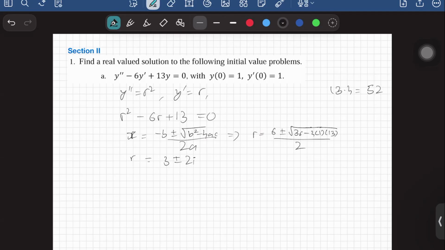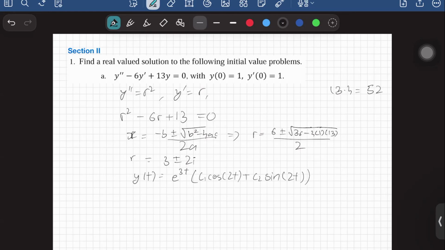So since our roots are 3 plus minus 2i, our general solution should look something like y of t equals e to the 3t times c1 cosine of 2t plus c2 sine of 2t.